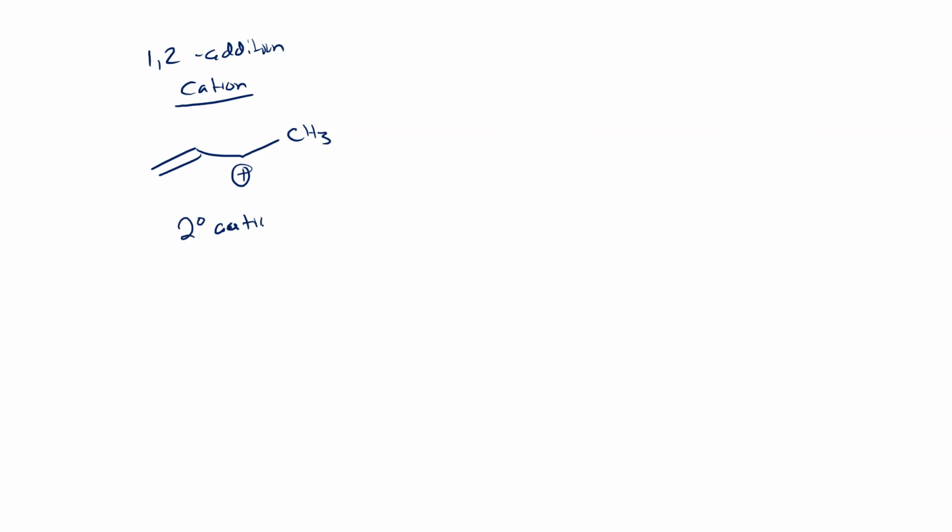Let's look at the cations, the resonance structures. So when we did 1,2 addition, we went through a cation that looked like this. Secondary cation. When we did 1,4 addition, we went through a cation that looks like this.